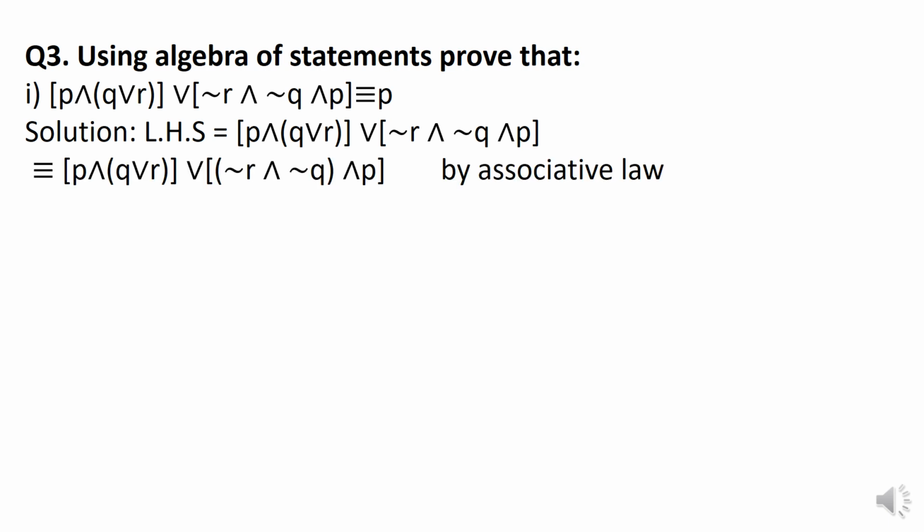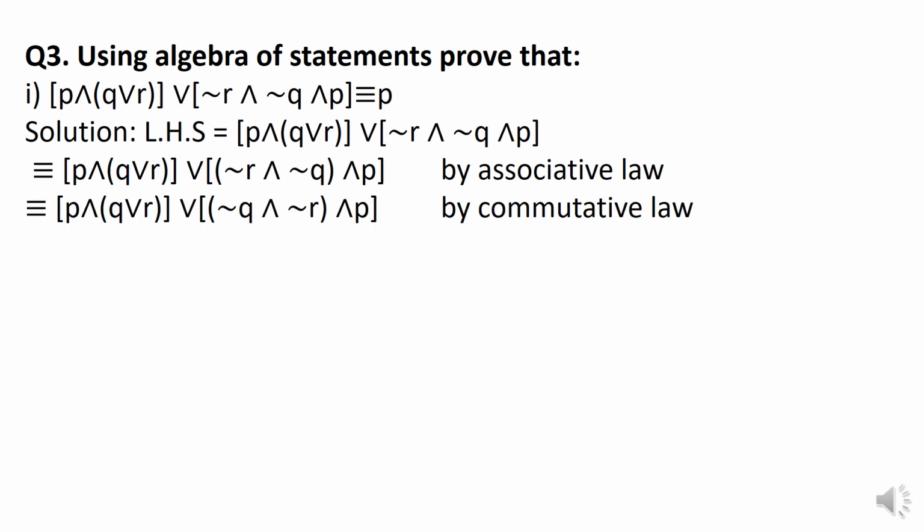So in the next step, what do you observe in the second square bracket? You observe that around not R and not Q a bracket has come. Now this is done by associative law. In the next step, again in the second square bracket, you observe that the order of writing not R and not Q has changed.